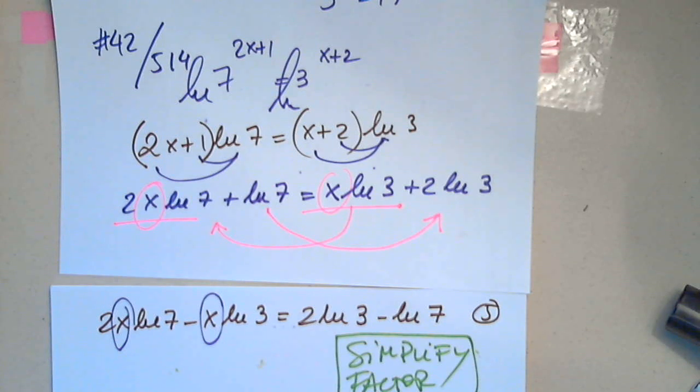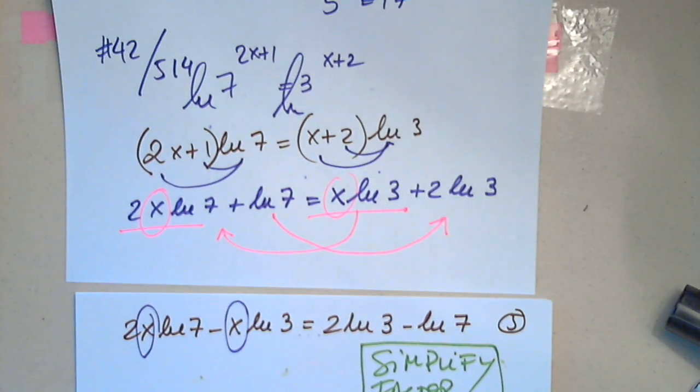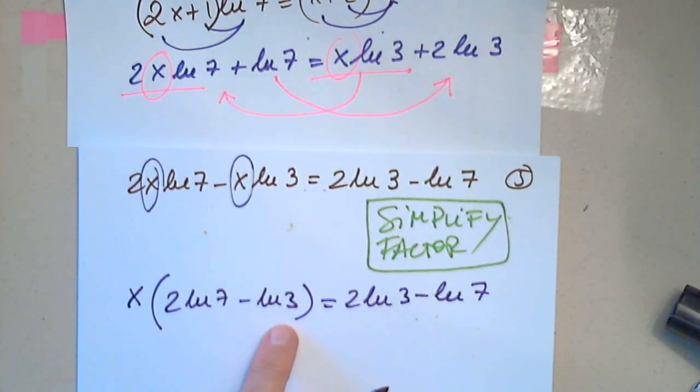We should divide by 2 natural log 7 minus natural log 3. But I have to factor out x first, and only then I can divide.